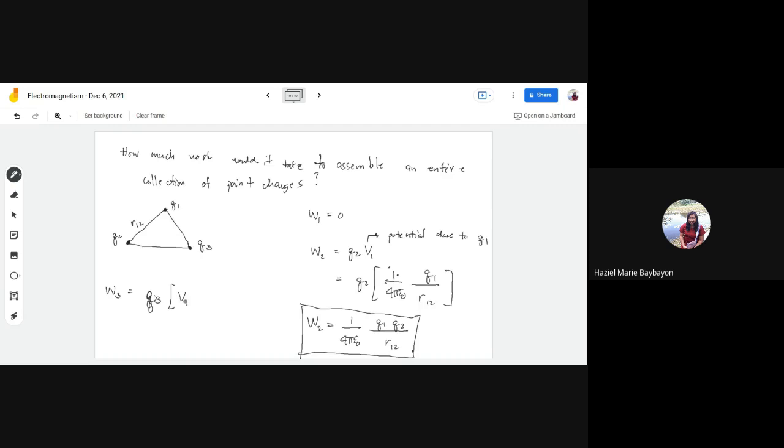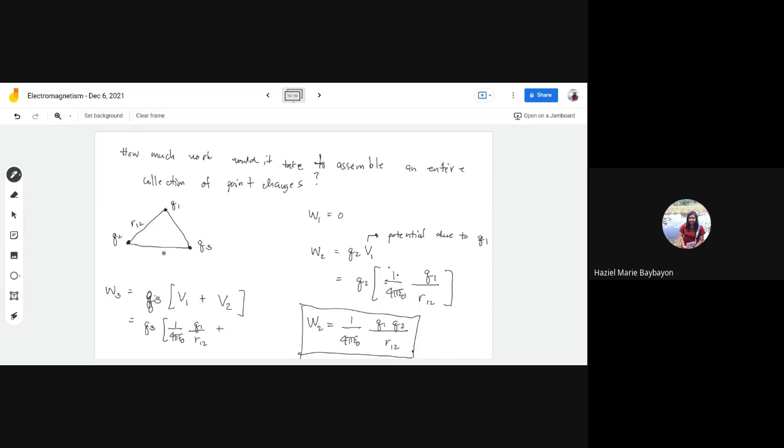So this is the potential due to Q1 plus the potential due to Q2. So this is equal to Q3 multiplied by V1. This is equal to 1 over 4 pi epsilon naught Q1 over R12.